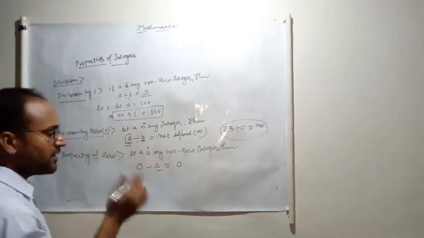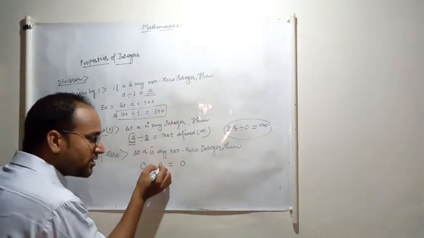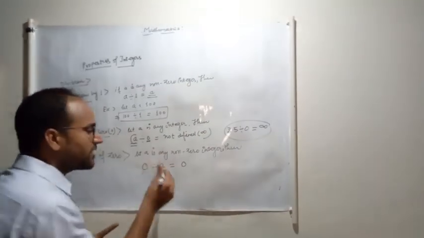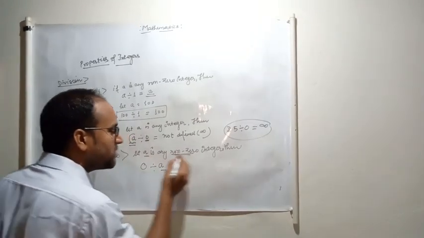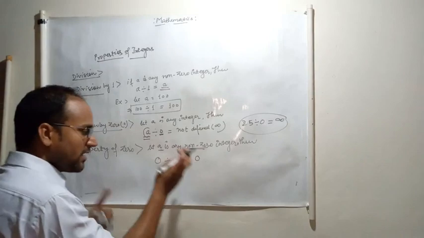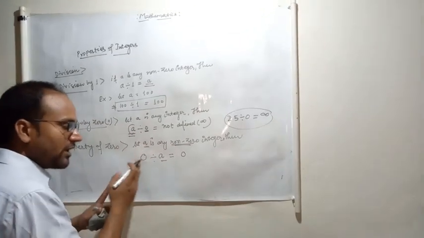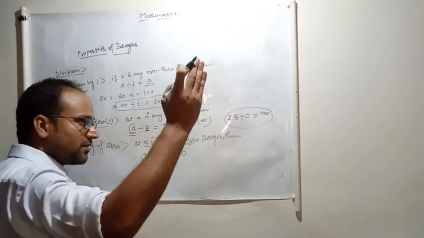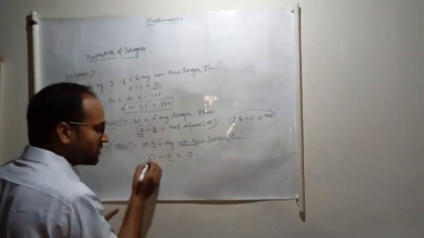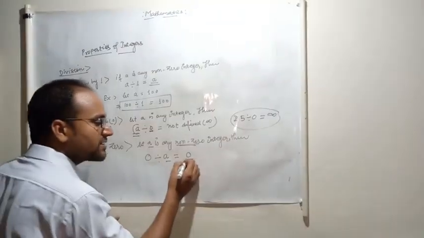You always remember that, students, and that integer is not 0. If 0 is divided by 0, you always get infinity. Non-zero means the integer is greater than 0 or less than 0, so it is not 0. So 0 divided by a, you always get 0.